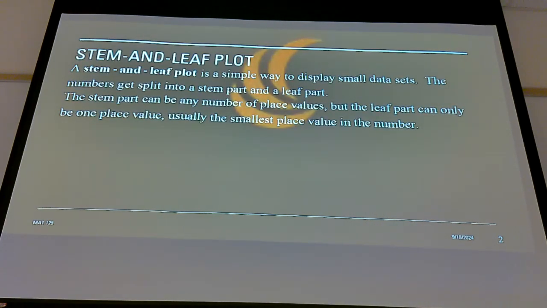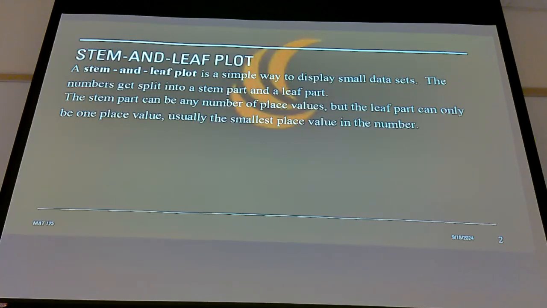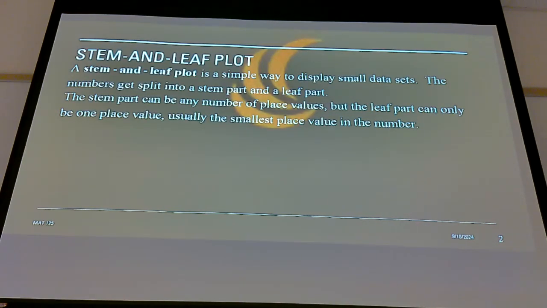The stem can be any number of place values, but the leaf can only be one. If you're dealing with whole numbers, typically we take the leaf to be the units digit, and the stem will be everything else. So if you have 105, your stem would be 10. Your leaf for that would be 5.